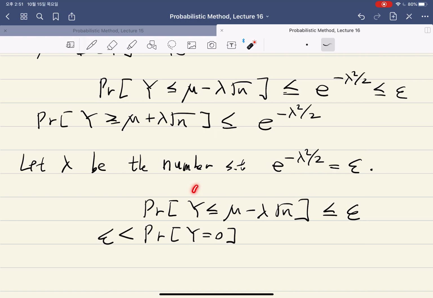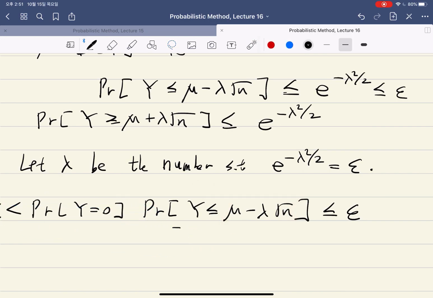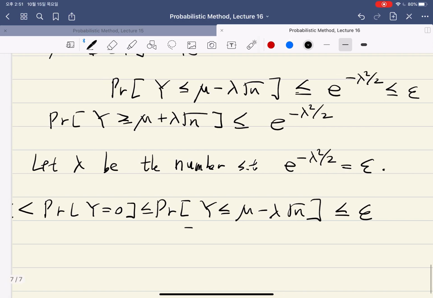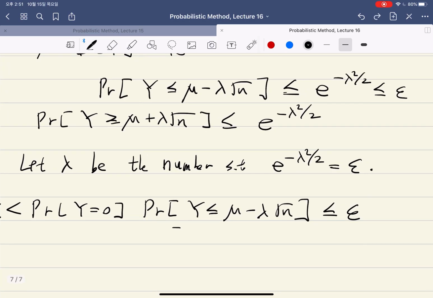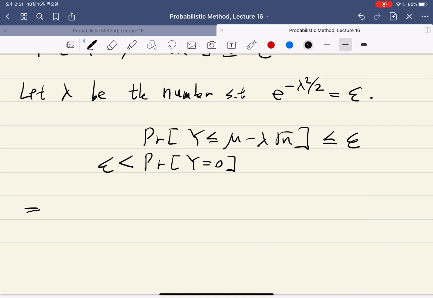So if 0 is smaller than this number, then we would have an inequality here, which yields a contradiction. That means 0 is actually bigger than this number. So this shows that mu is smaller than lambda square root of n. It must be.